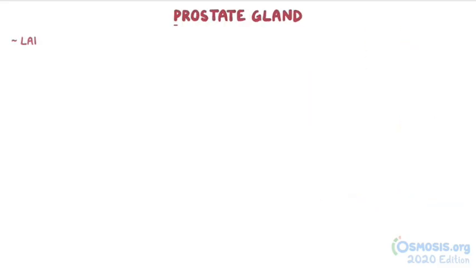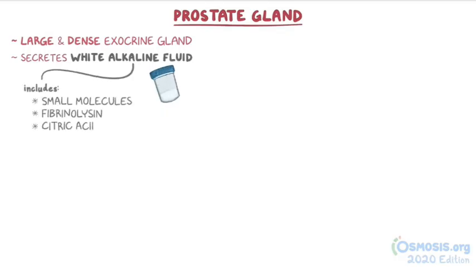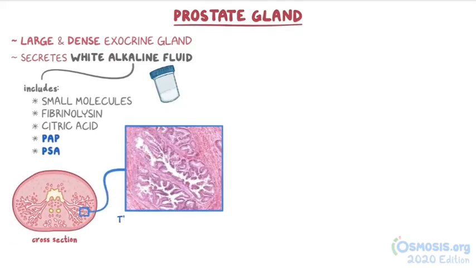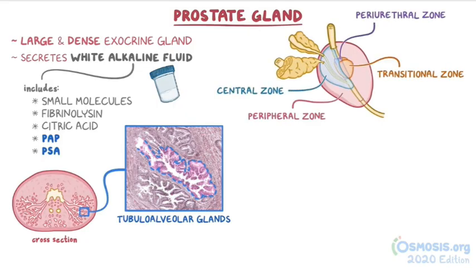The prostate gland is a large, dense exocrine gland responsible for secreting a white alkaline seminal fluid that contains various molecules, fibrinolysin, citric acid, PAP, and PSA. The gland consists of branched tubuloalveolar glands and is divided into 4 zones: the periurethral, transitional, central, and peripheral zones.